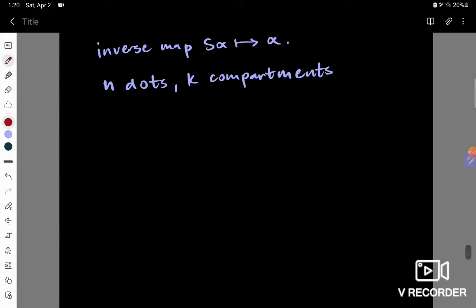So if we have this dot, this bar, these two dots, this is sometimes called the stars and bars method. Let's do 3 here, and then let's do 2 more right after it.